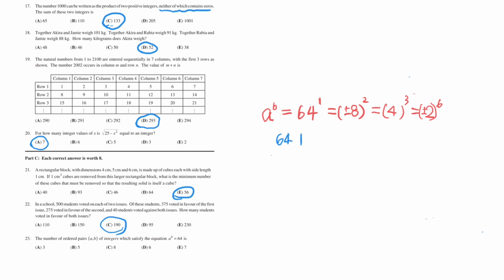Second: a is positive or negative 8 and 2, 4, and b is 3, and positive or negative 2 and 6. Total is 1, 3, 4, 5, 6. That's total 6. That's the answer D.